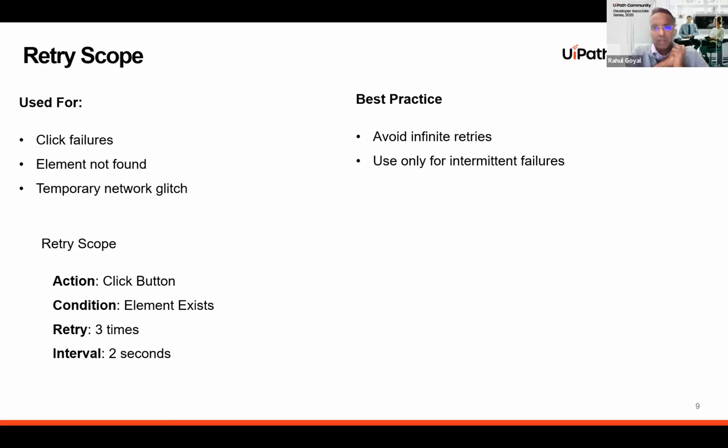If the button is found, maybe try three times before you finally give up and throw an exception, right? So in that case you use a retry, if a click failed or if an element is not found.